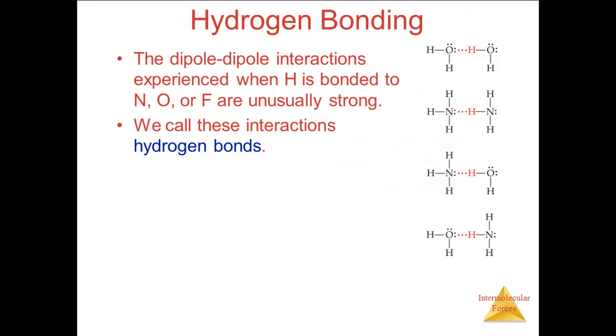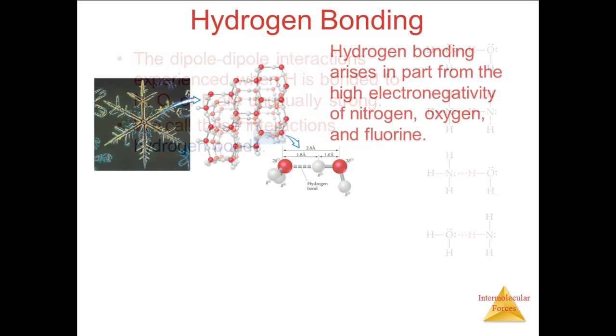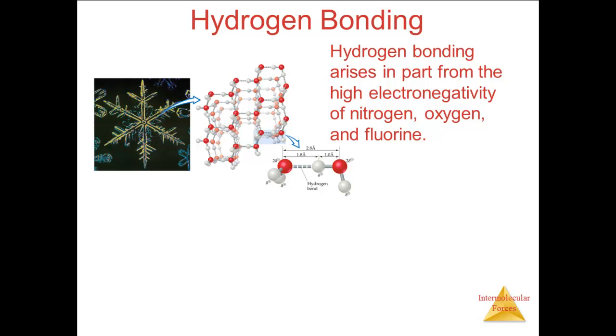Hydrogen bonding is an extreme form of a dipole-dipole interaction. It occurs only when hydrogen atoms are bonded to small, highly electronegative atoms, in particular to fluorine, oxygen, and nitrogen. When a hydrogen atom is bonded to these three atoms, there's a large enough difference in electronegativity that the bonds are quite polar.